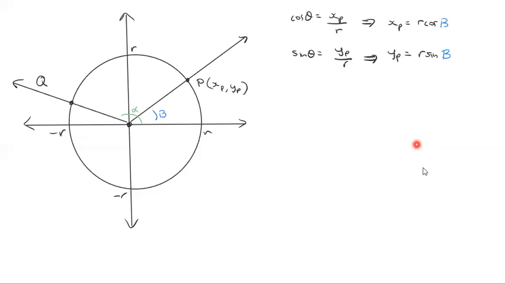Now, can you tell me the x and y coordinates of Q? So the x is minus or negative r cosine alpha. Are you sure?